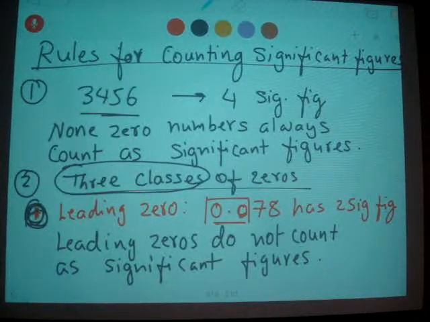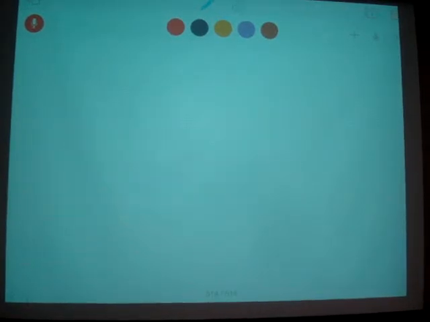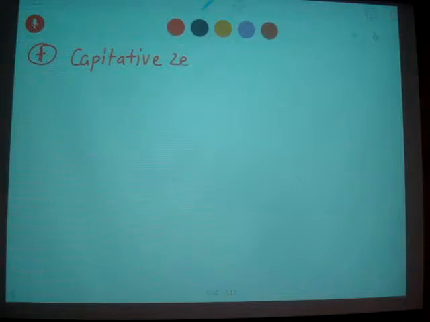Next one is called captive zero or embedded zeros. So the second class is called captive zero, or we can say embedded zero. Let me rewrite this one. Embedded. What that means? That zero is between those numbers.